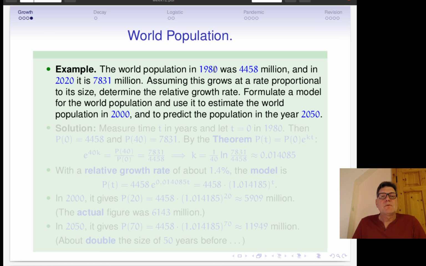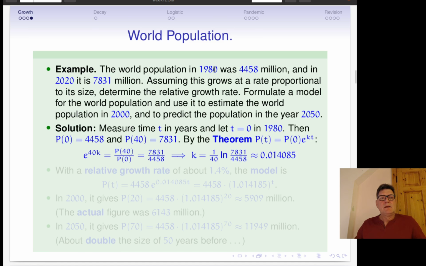Assuming that the world population grows at a rate proportional to its size, let's determine the relative growth rate. Then we'll set up a model for the world population and use it to estimate the size of the world population in 2000 and to predict the population in the year 2050. How do we do this?